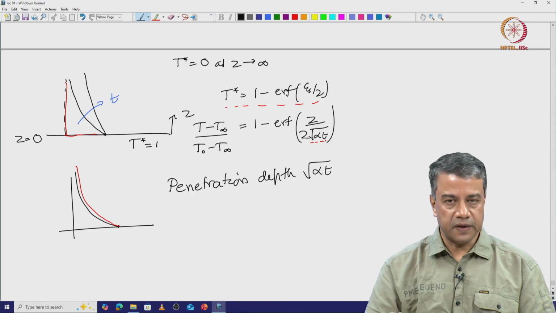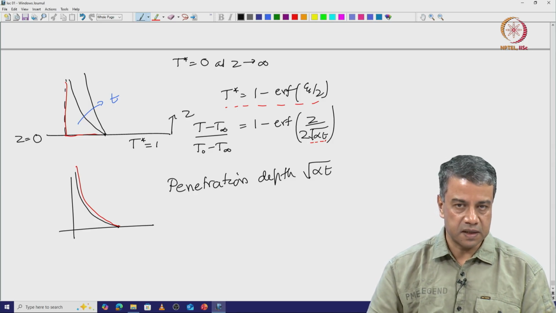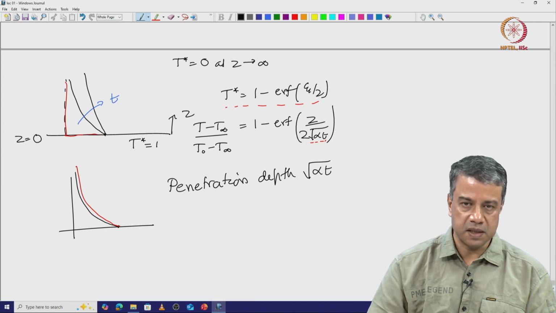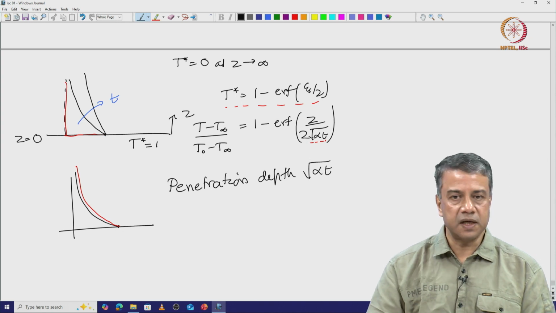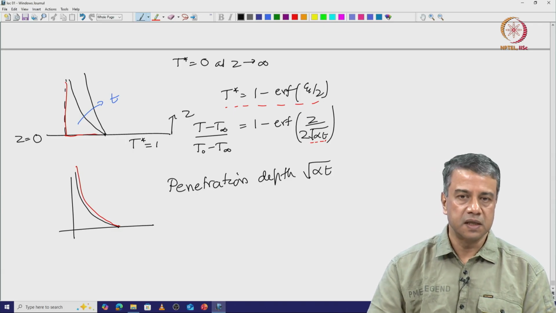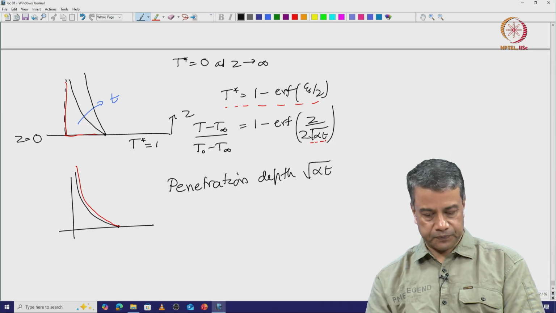At very initial times when t is very small, that penetration depth is small because the heating has just started at the surface. As t becomes larger, the depth of penetration of the temperature disturbance at the base keeps increasing. It increases proportional to square root of alpha t.